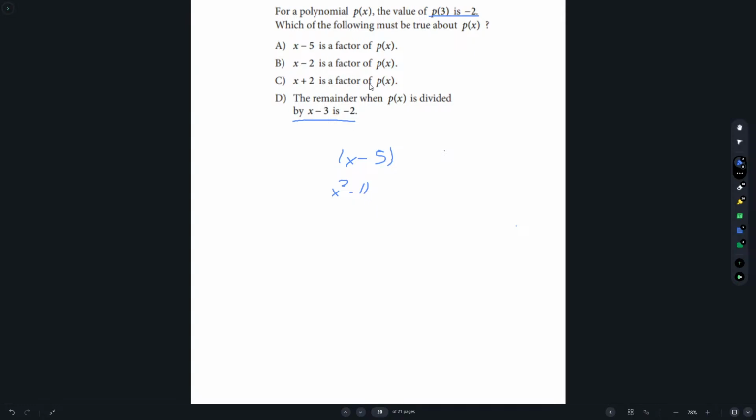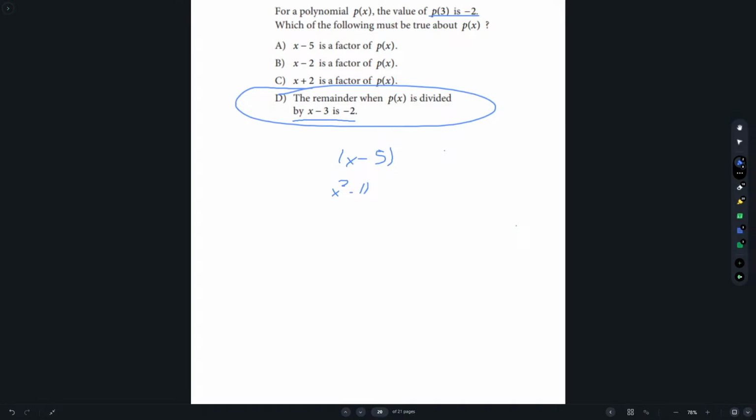But then none of these other ones hold. Just none of these are true, because 9 minus 11 is -2. The only thing that makes sense here is D. Doesn't make sense that anything else is a factor.